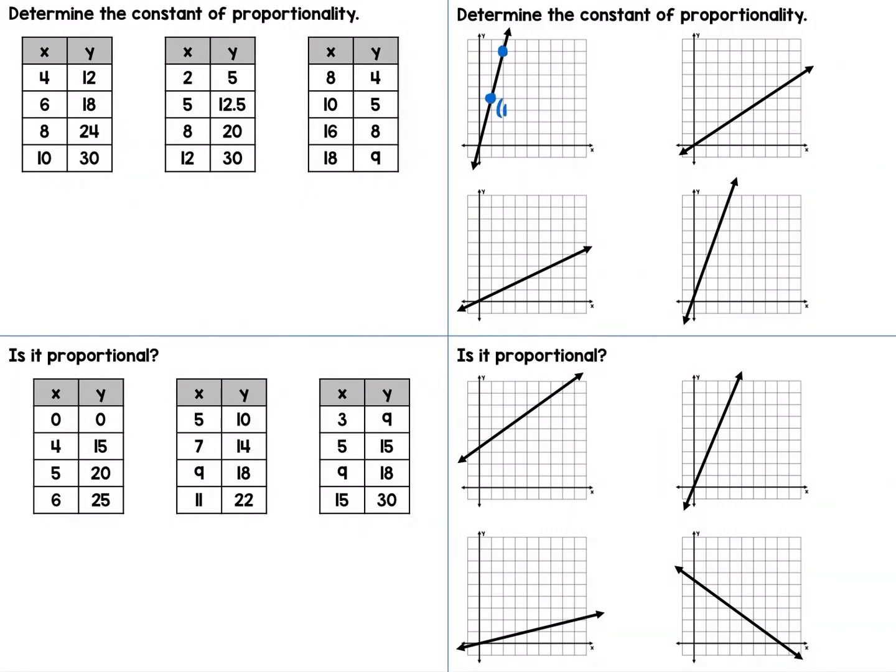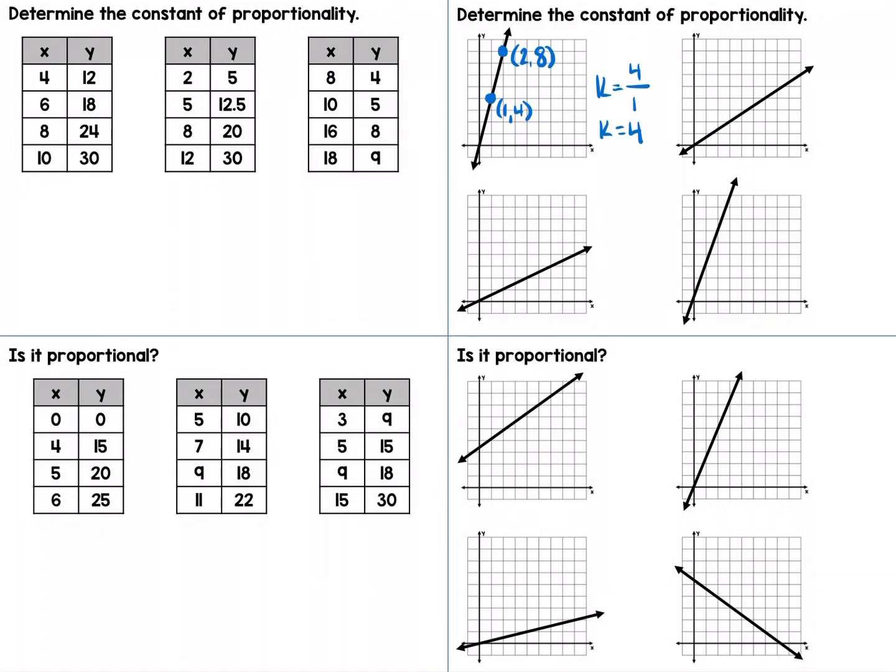This one is 1, 4, and this one is 2, 8. You can use either one of those ordered pairs and you would get the same thing. So k is y over x, so 4 over 1. So k is 4. Your constant of proportionality is 4.